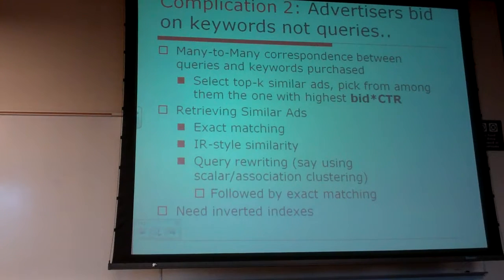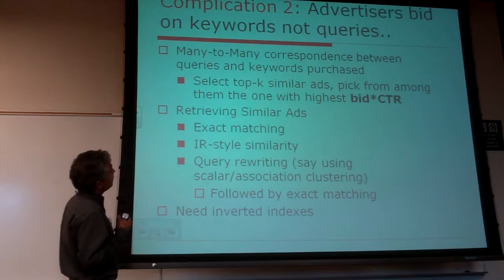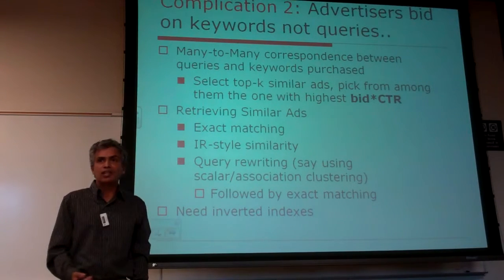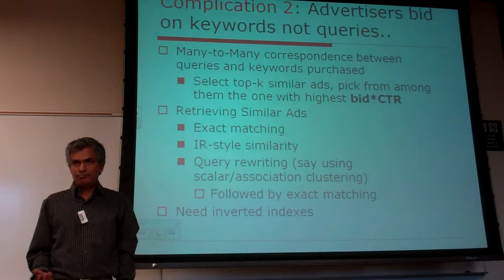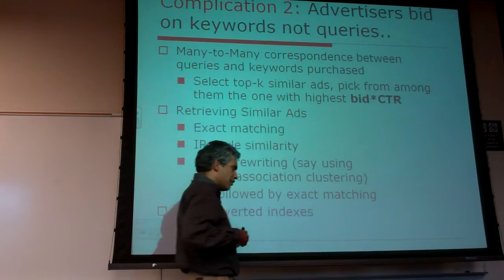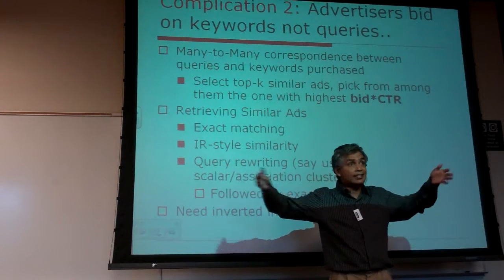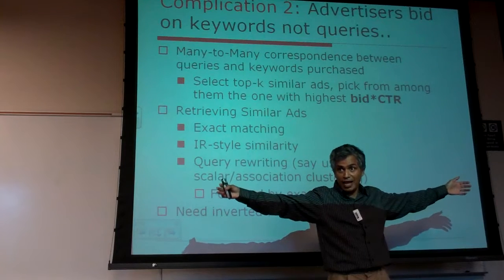The second complication I'm going to look at is that advertisers are actually bidding on keywords, not on queries. Okay? And in fact, that's what happens. The idea of bidding on queries can be a few words long. It can be a large number of words long.